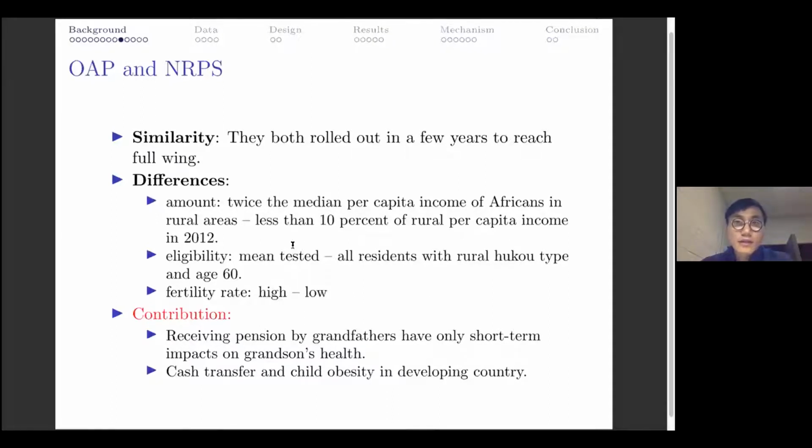The other contribution is that we find unintended consequences of large cash transfers that can lead to child obesity in developing countries, because previous studies like those on the SNAP program in the US find such impact, but our study focused on China, which is a developing country.